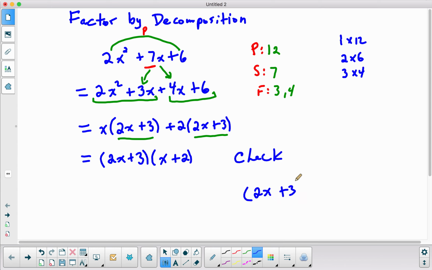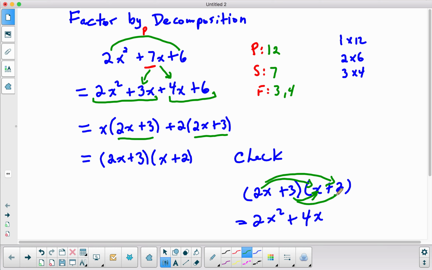(2x plus 3) times (x plus 2). We multiply the first terms together and the outside terms together, which is 2x squared plus 2x times 2 is 4x. And then we multiply the inside terms together and the last terms together.